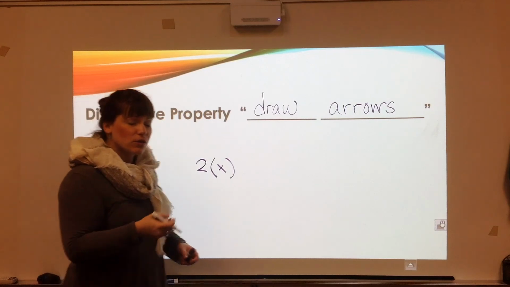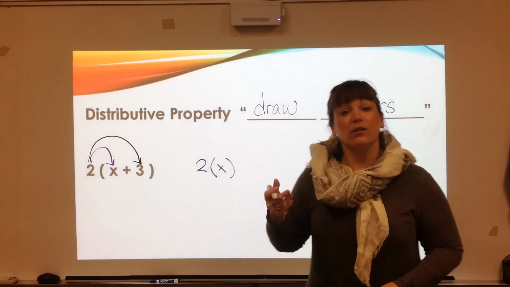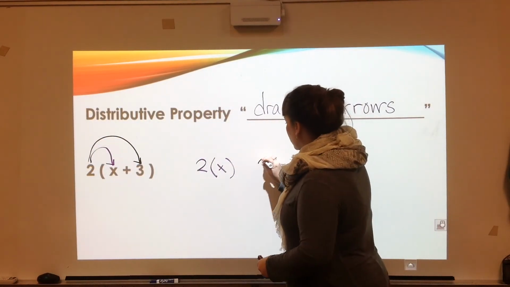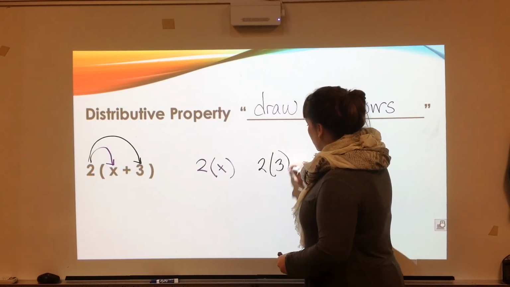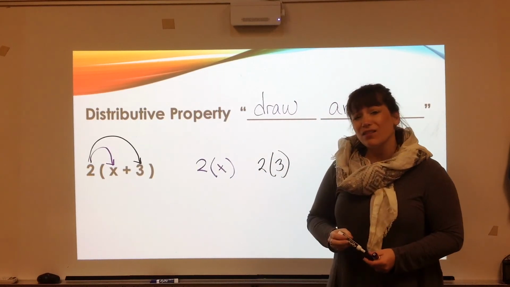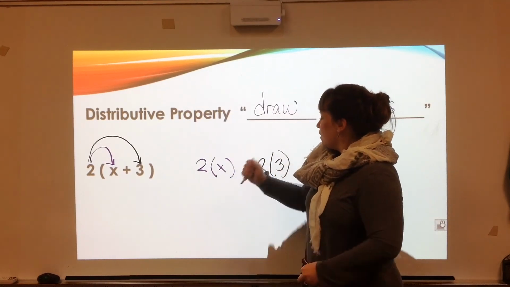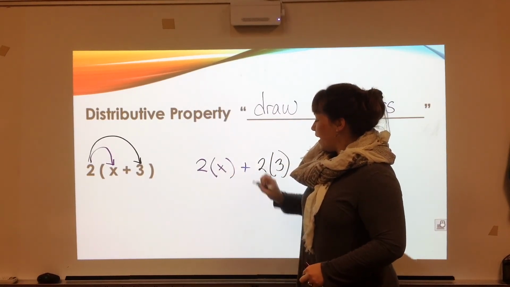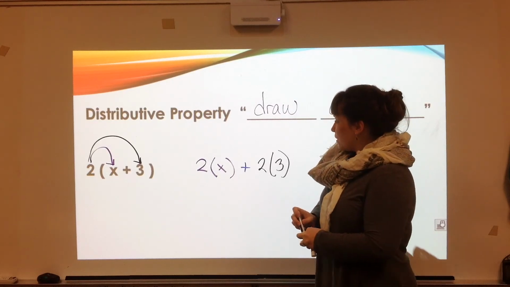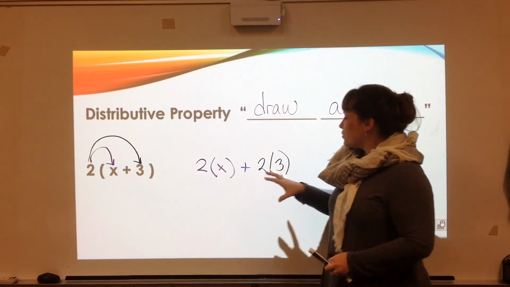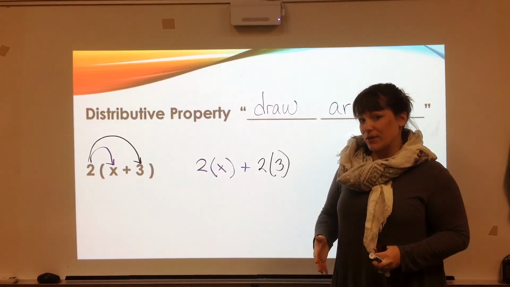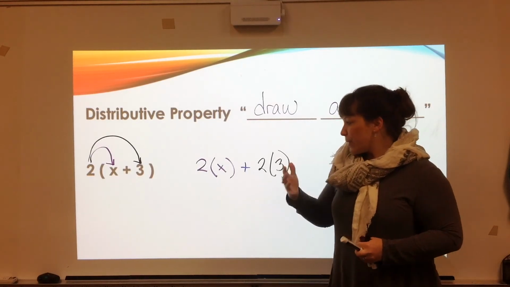A lot of students forget to pair it twice. And so that 2 is going to be multiplied by the 3. The last piece that you have to remember is that this gets added. So this is how you show the distributive property with those arrows.